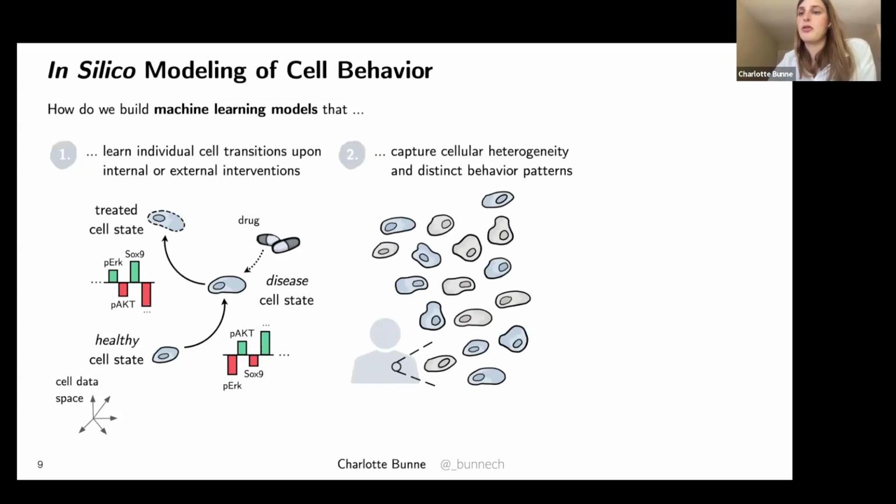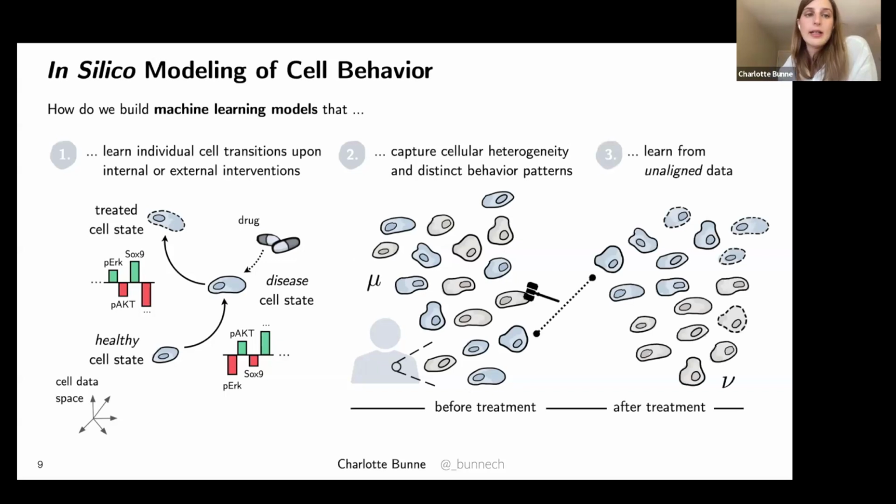It has lots of different types of cells, and they might respond very differently to a treatment. And as a clinician or as a biologist, I want to understand what are the subpopulations that are going to respond to a treatment, and what are those that are resistant, because based on this, I can make my decisions on which treatment to choose.